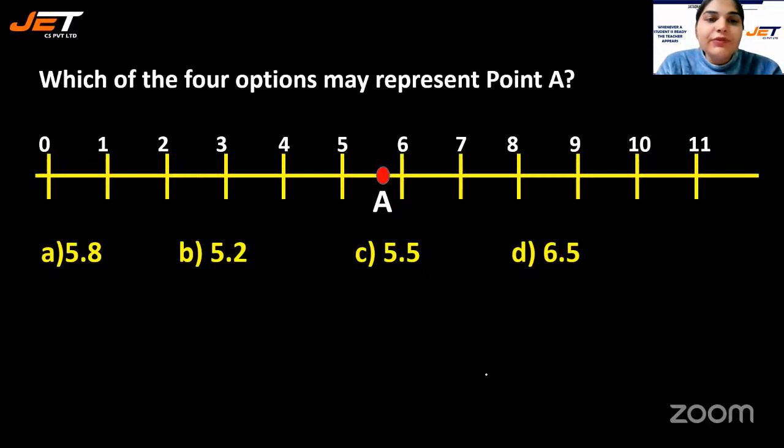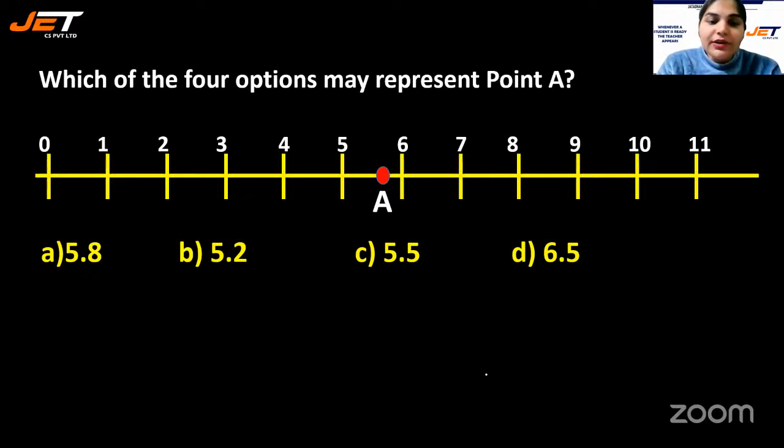Now, which of the following options may represent point A? Point A is being represented by which of the following options? Okay, so point A, I can see it's between 4 and 6, wherein it's more close to 6 rather than 4.